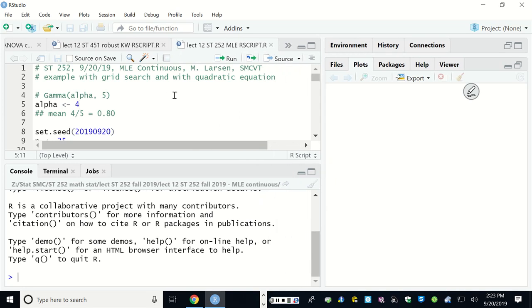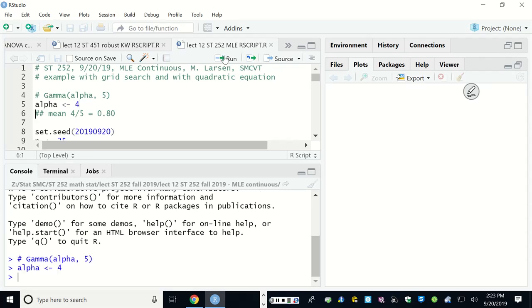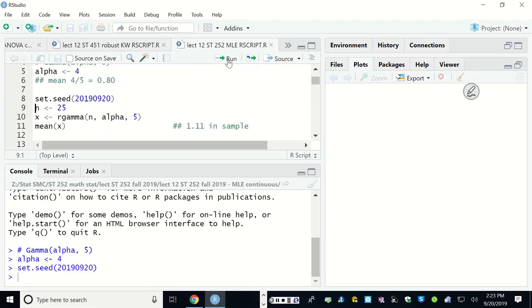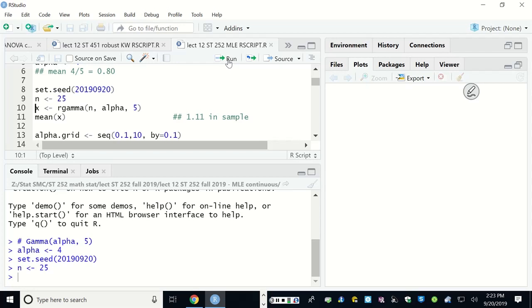Right? So let's say gamma alpha is what we're interested in. Let's pretend that in reality, alpha is 4. The mean of the gamma would then be about 0.8, because it's the ratio of the 2 parameters, actually. And then let's generate some data. Instead of random number C, let's generate 25 data points.